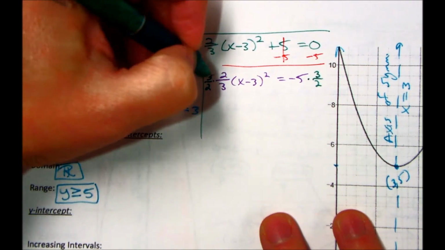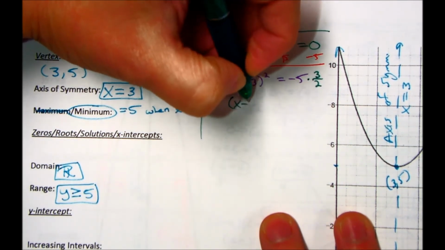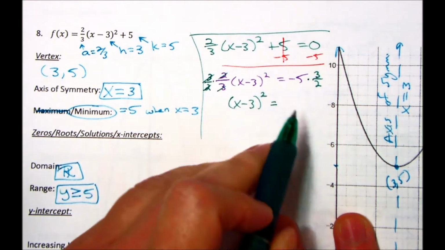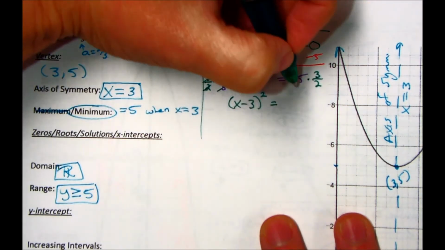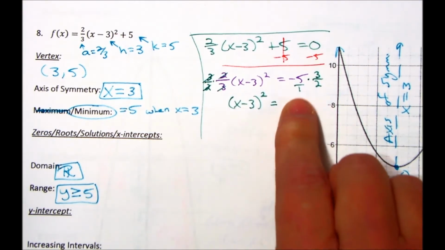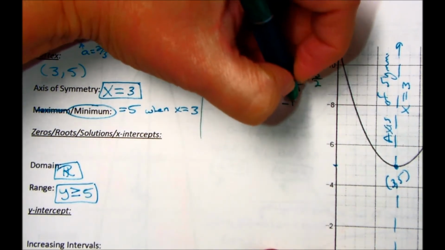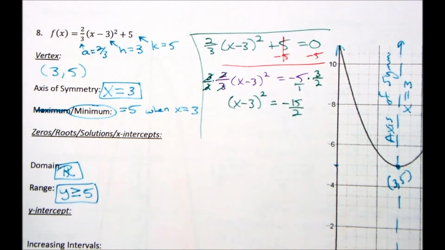So then the 3's will reduce, the 2's will reduce, and now all I have left on the left side is the x minus 3 squared. But on the right side, we've got -5 times 3, which will be -15 over 2. And if you need to, write that as a fraction, multiply the numerator and denominator, and you still get -15 over 2.